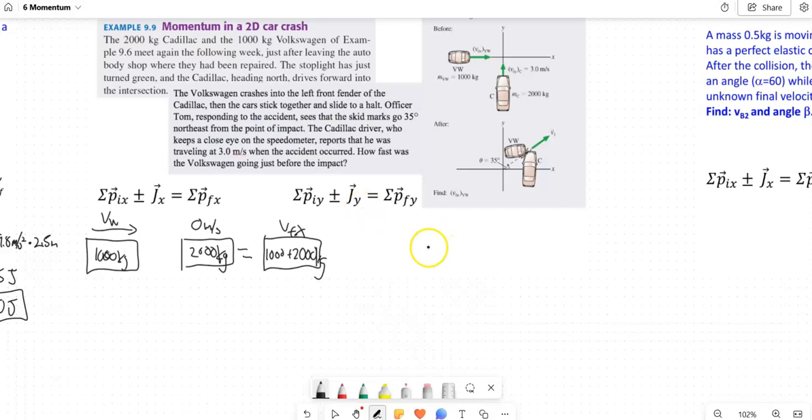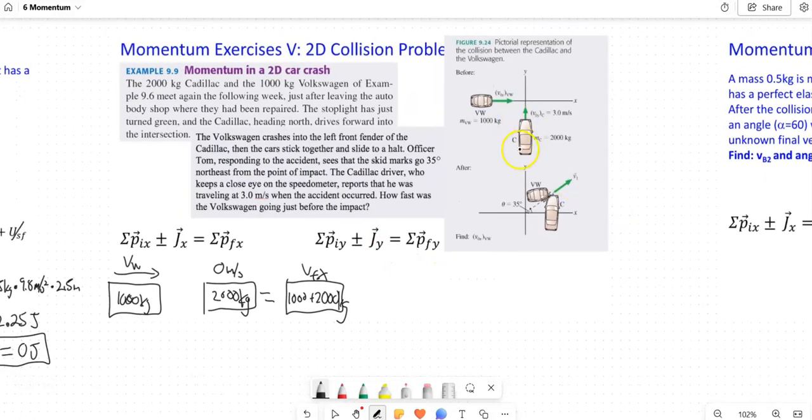In the y direction, okay, now before the impact, only the Cadillac had a velocity in the y direction, and that was positive 3 meters per second. So it's the only thing that has momentum in the y direction. The Volkswagen has no momentum in the y direction. Only the Cadillac does.